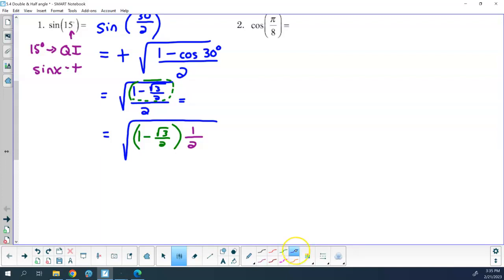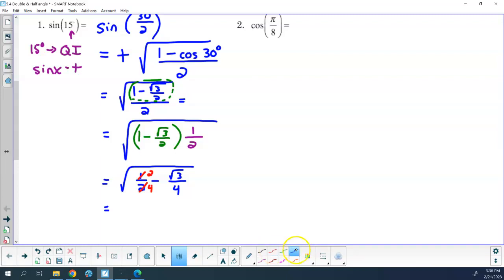Which means that becomes the square root of 1/2 minus the square root of 3 over 4. That internal fraction now becomes, 1/2 is like 2/4.